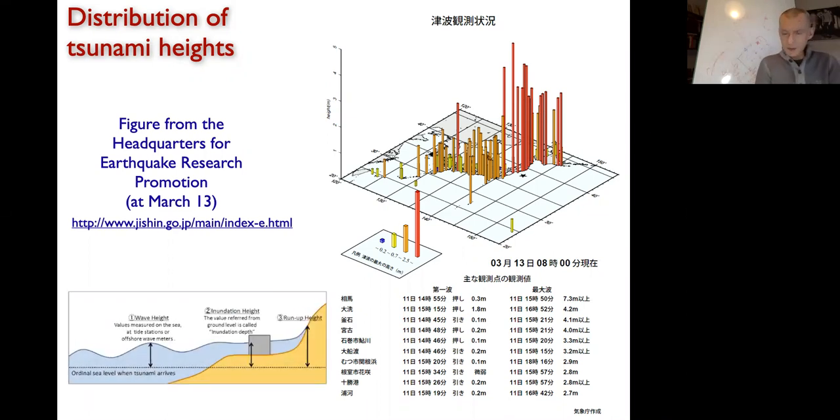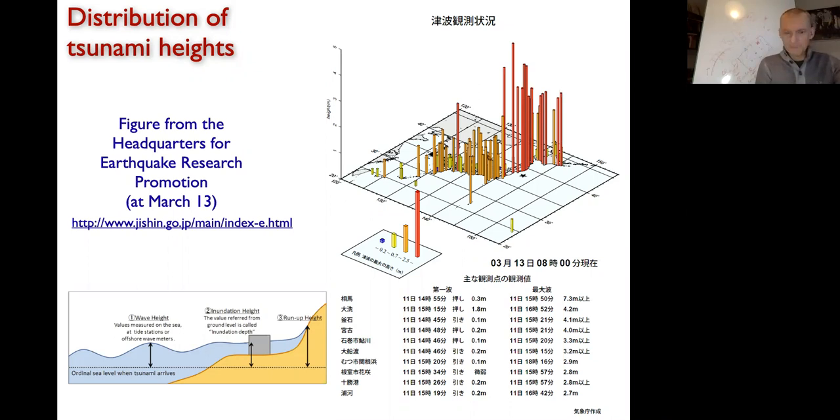Okay, now just as a relatively simple terminology here, what do we have here? Actually, what we call tsunami height is a measure that is done, let's say, in open sea or open ocean. So it's the height of a wave referred to the average level of the sea, maybe filtered by tides and stuff like that.